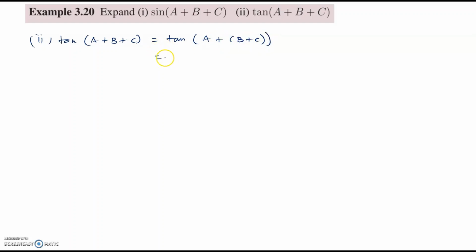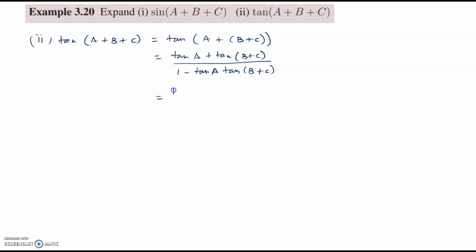So further applying the formula of tan(alpha plus beta), we get this to be tan A plus tan(B plus C) divided by 1 minus tan A into tan(B plus C). Now further, let's apply tan(alpha plus beta) onto each of them, this B plus C here and this B plus C here.